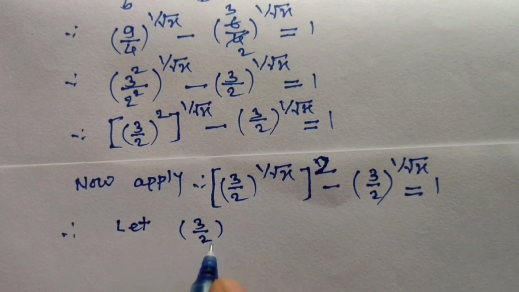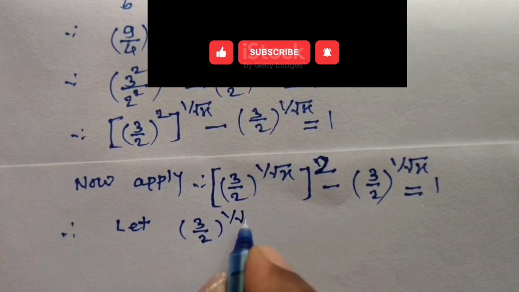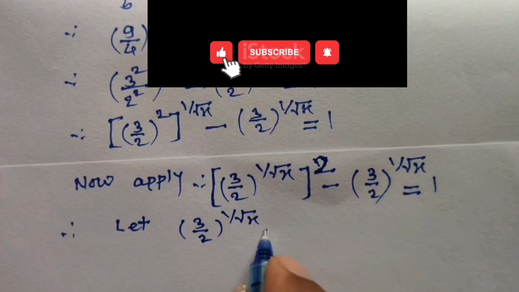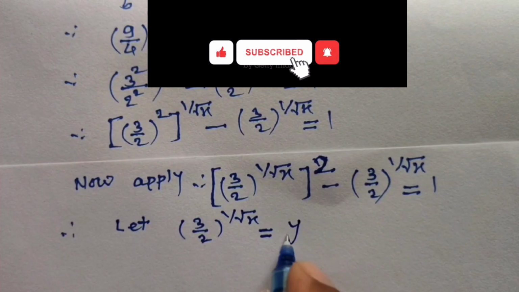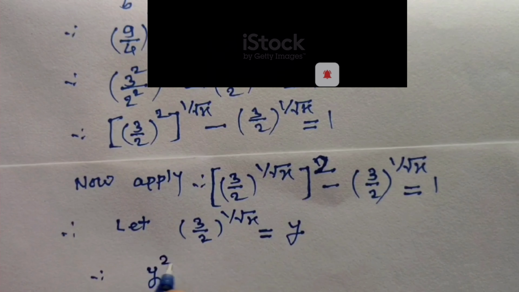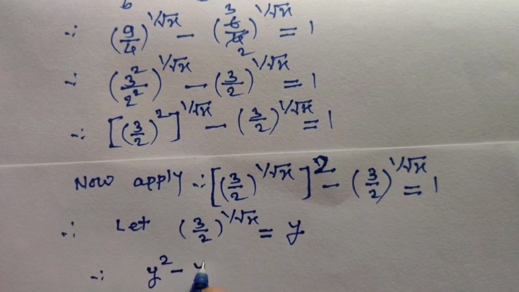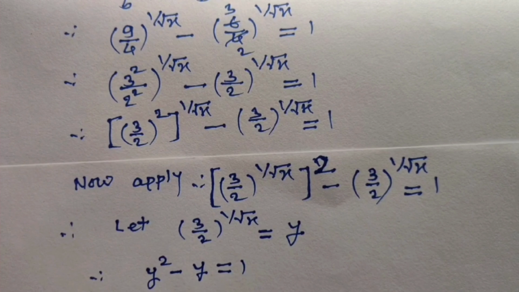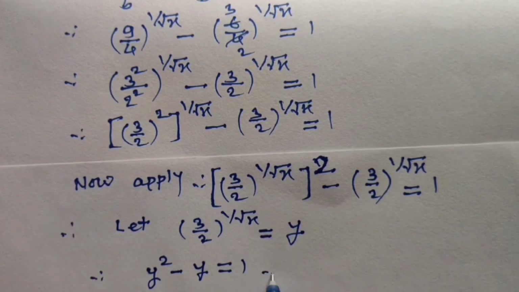Now let us assume 3 divided by 2 to the power 1 over root x is equal to a new variable y. Then the above equation can be written as y square minus y is equal to 1.